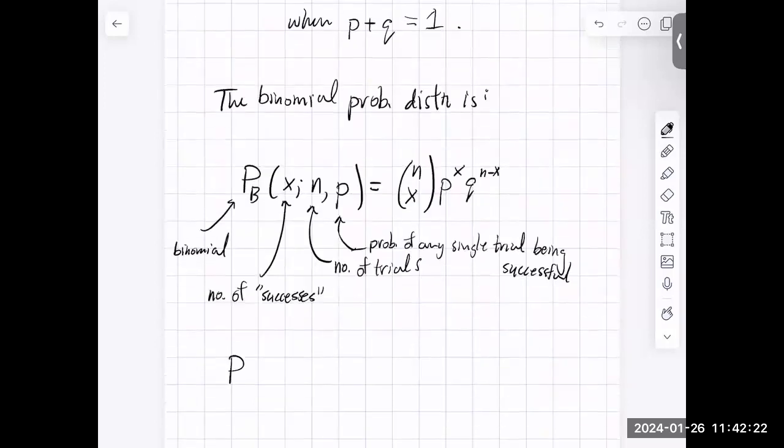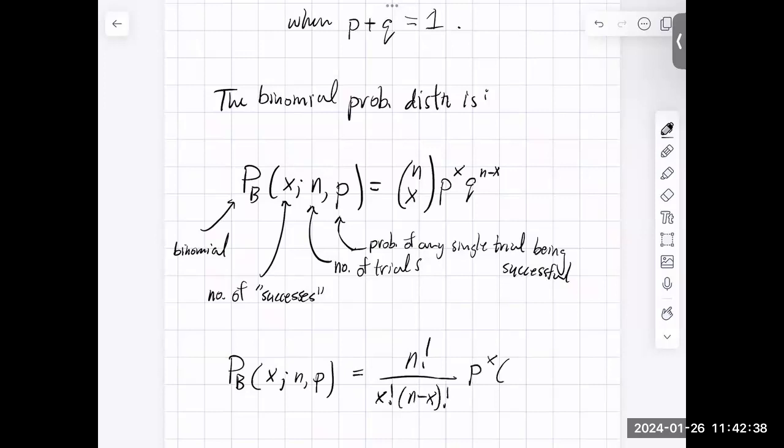And so often you'll see this written as N choose X, which we can expand out as N factorial over X factorial times N minus X factorial, and then p to the X, and then often they will write q as 1 minus p, to the N minus X, and that's our binomial distribution.